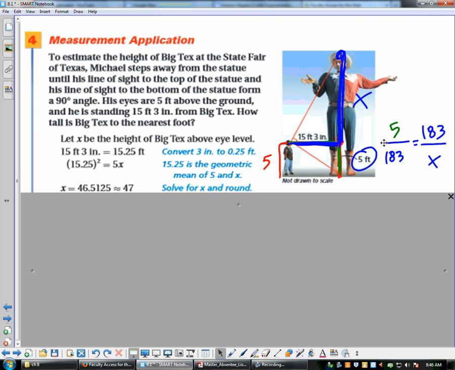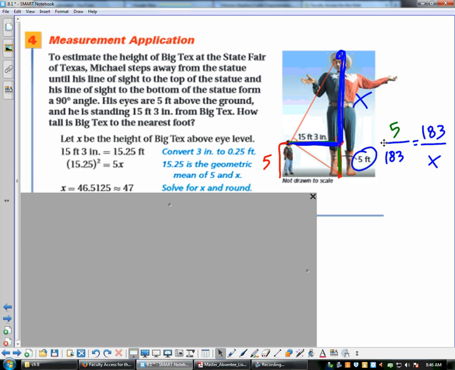What'd you get? All right, so we're getting 5x equals 183 squared, and x turns out to equal what?